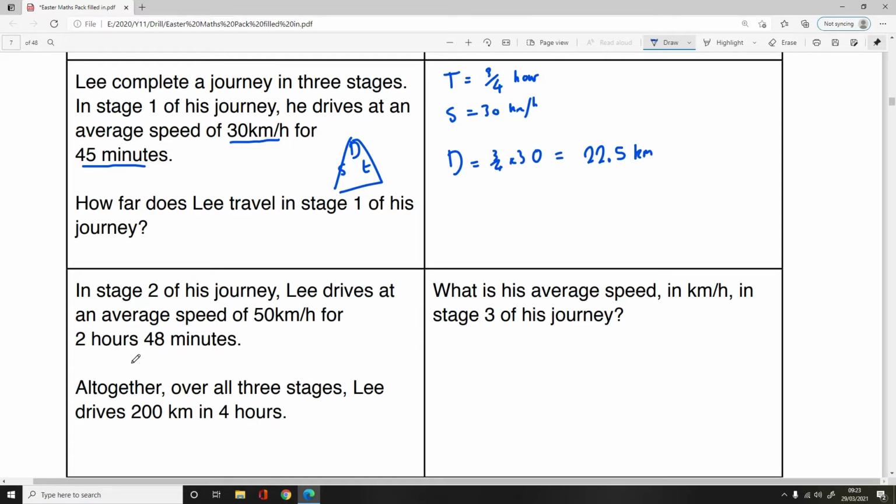Okay, so let's do these one at a time. Call this part 1. It's stage 2, so let's label it stage 2. We've got a speed of 50 kilometers per hour, and a time of 2 hours 48.